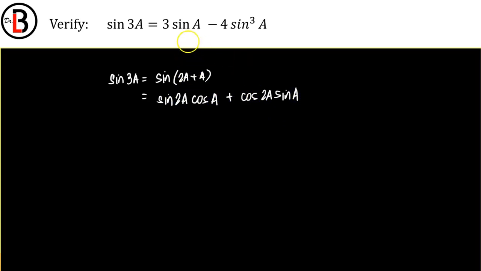So you notice that the sine has to be purely sine of A. I can't have any 2A in here. So that means this one has to be 2 sine A cosine A times another cosine A, which is the one on top, plus the cosine has to be purely sine. So I cannot have cosine squared minus sine squared.